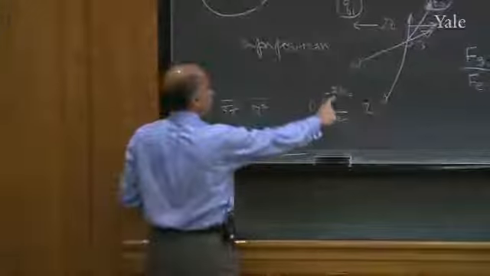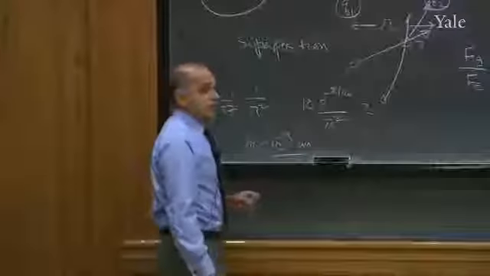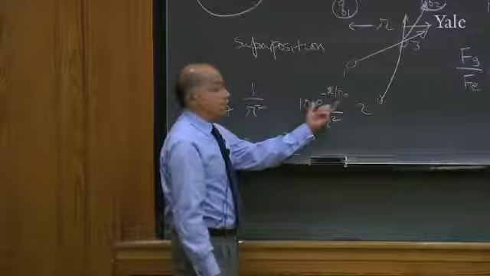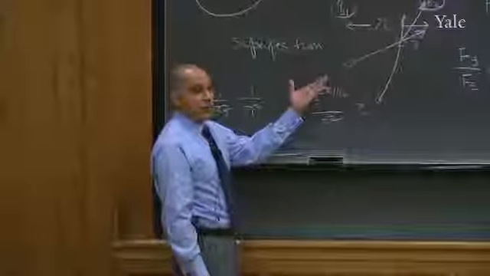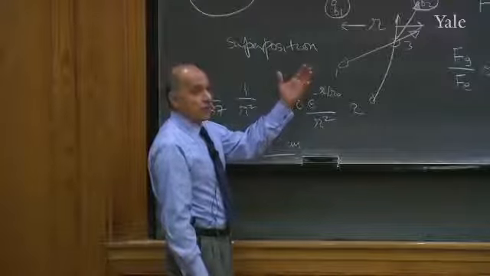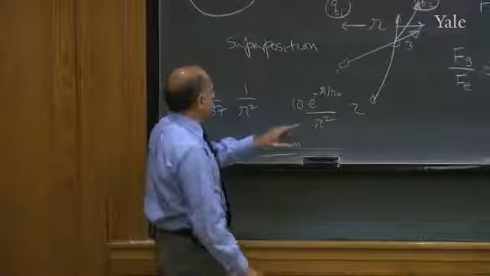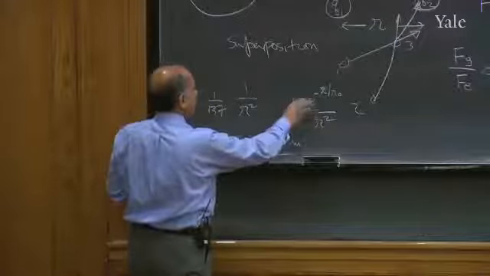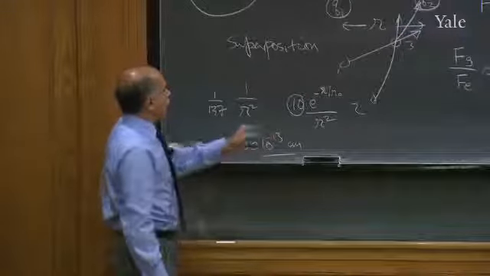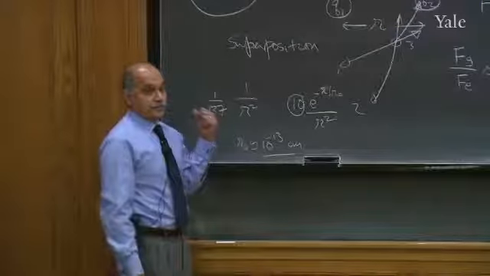If r is much bigger than r naught, say 10 times bigger, you got e to the minus 10 on the top. E to the minus 10 is a small number. E to the minus 3 is like 1 over 20. E to the minus 10 is 1 over 20 cubed. So what will happen is this force, even though there's a number 10 in front of it, will be negligible compared to this one.